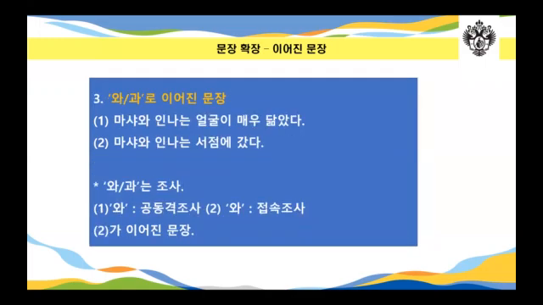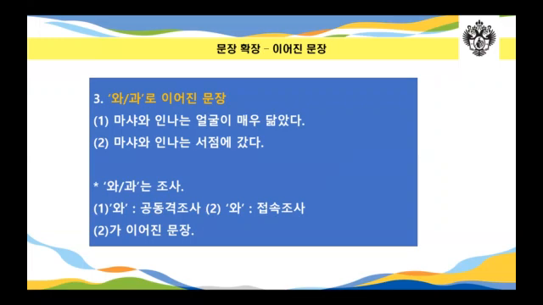And number three, 와, 과로 이어진 문장. Please see this slide. Sentence connected with a particle 와, 과. Let's read aloud together. Two examples. Number one, 마샤와 인나는 얼굴이 매우 닮았다. Number two, 마샤와 인나는 서점에 갔다.